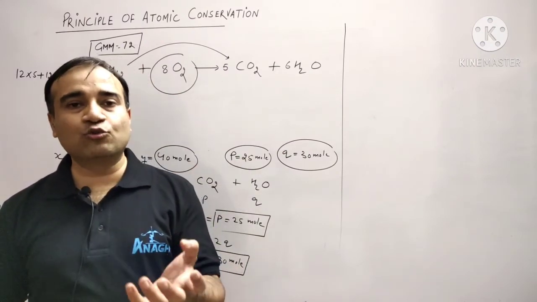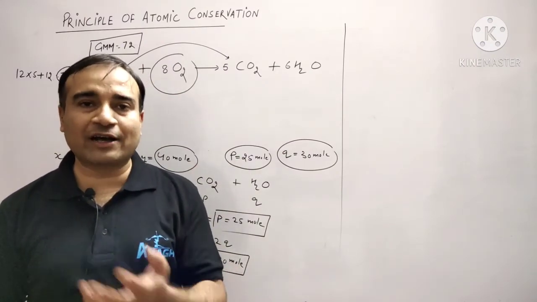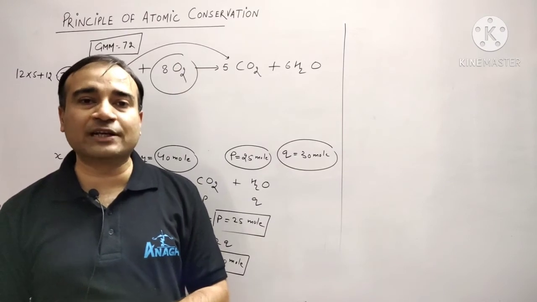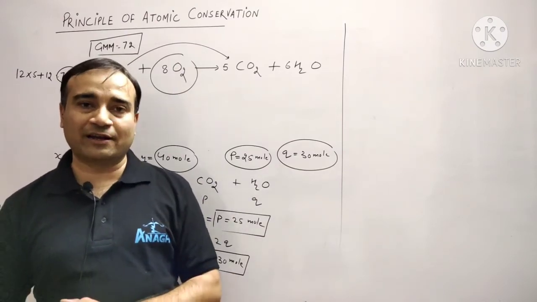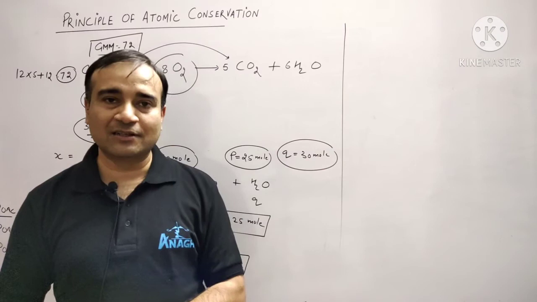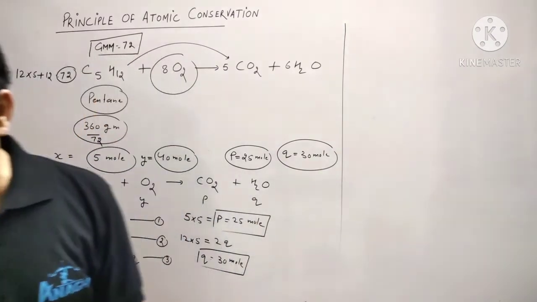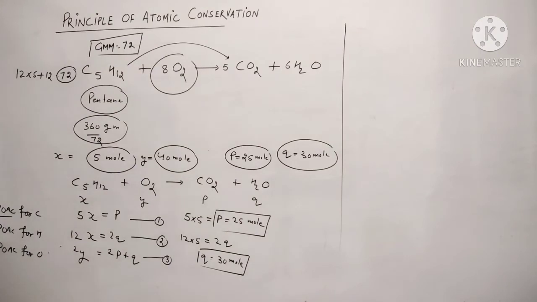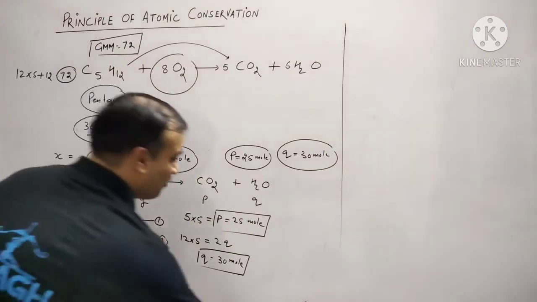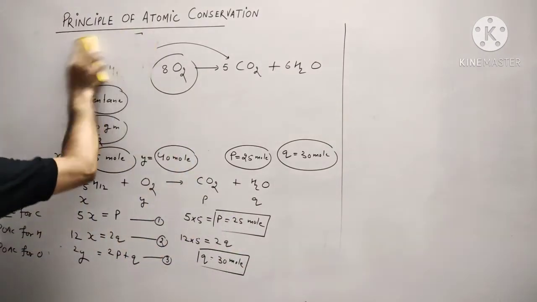But if I use POAC, I do not require the stoichiometric coefficient, even I do not require all reactants and products used in the sequential reaction. Let us see one numerical which proves the significance of POAC over stoichiometric calculations.